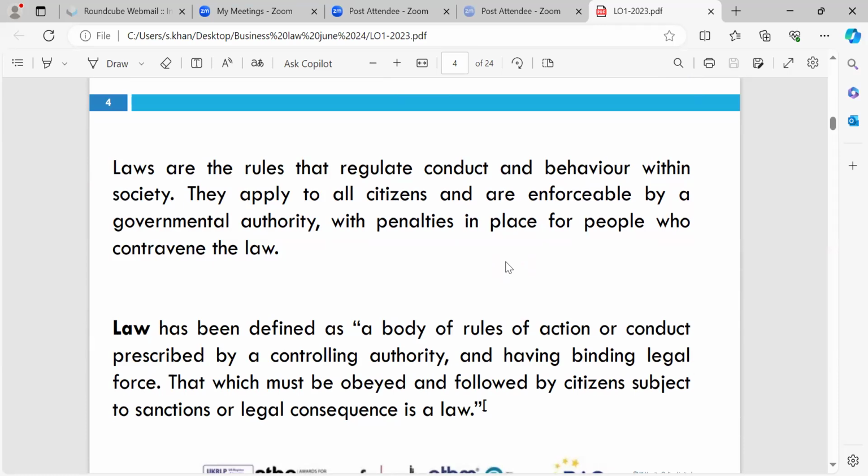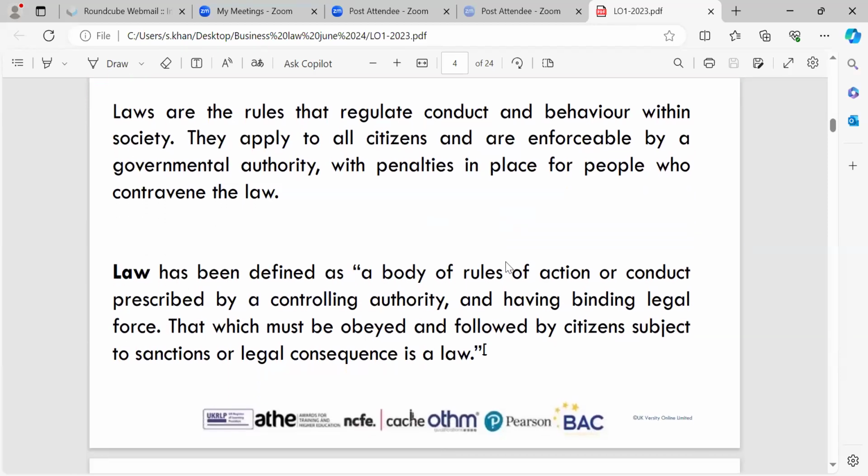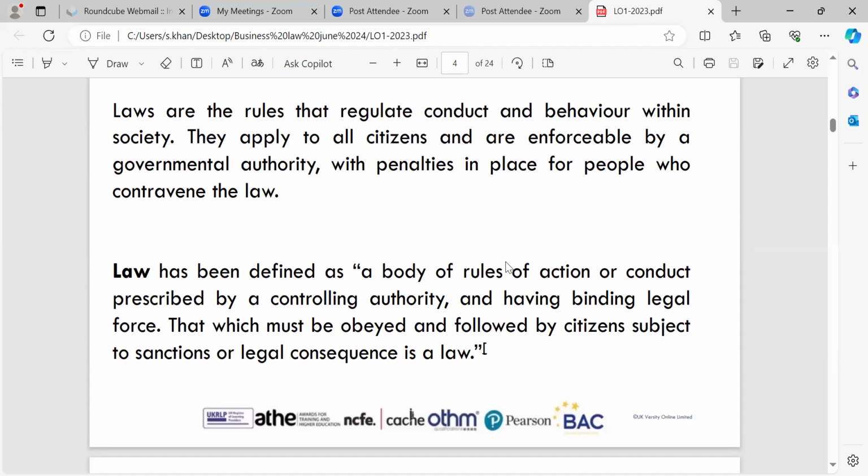These apply to citizens and are enforceable by governmental authority, with penalties in place for people who contravene the law. Law has been defined as a body of rules of action or conduct prescribed by a controlling authority and having binding legal force, that which must be obeyed and followed by citizens, subject to sanctions or legal consequences.